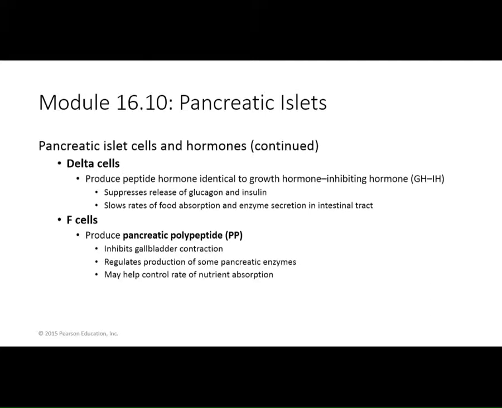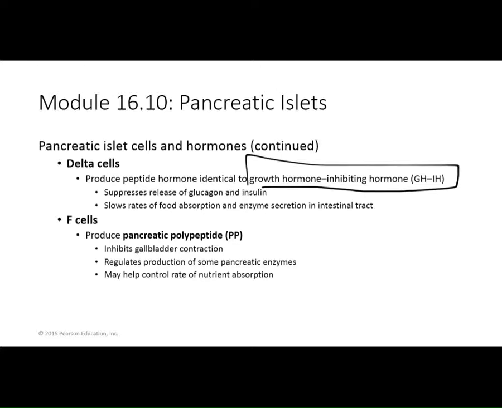But that's not all. There are also delta cells within the islets, and they're going to release growth hormone inhibiting hormone. Okay, so that's a different hormone. What this is going to do is suppress the release of both glucagon and insulin.